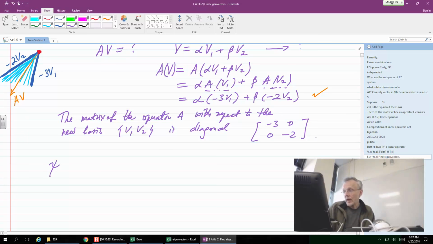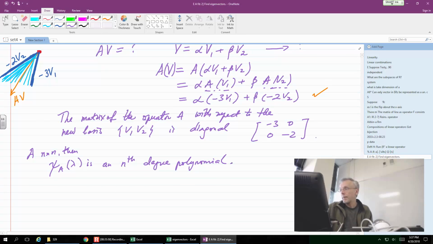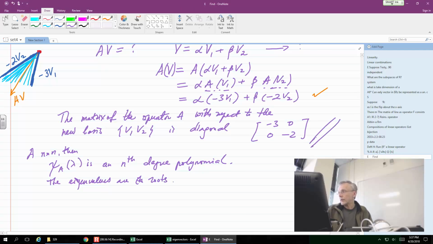Facts such as: if A is n by n, then the characteristic equation is an nth degree polynomial, and the eigenvalues are its roots. So we're done with this example.